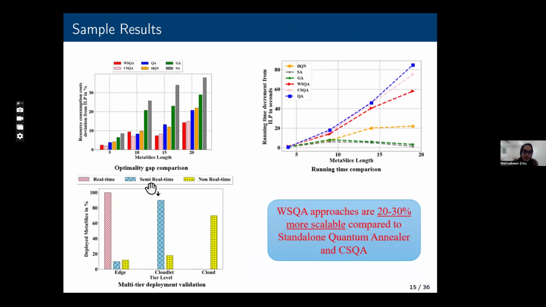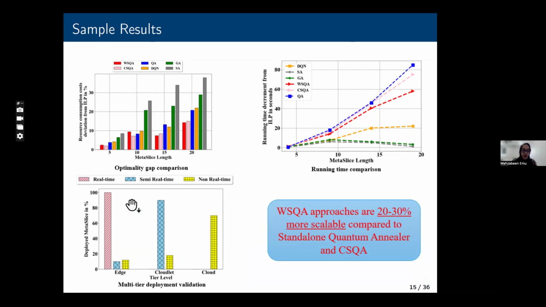In terms of optimality gap, both the warm start and cold start quantum annealers perform quite comparably in terms of solution quality. However, the cold start quantum annealer and the quantum annealer are the fastest. The warm start quantum annealer performs a little slower compared to the standalone quantum and cold start quantum annealer approaches, but it is significantly better than classical algorithms.